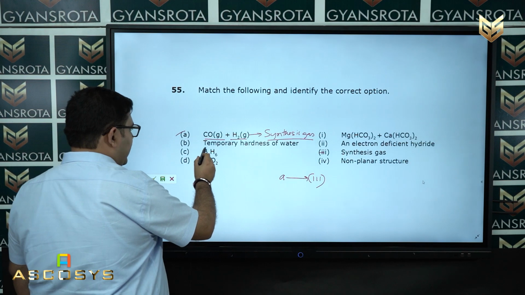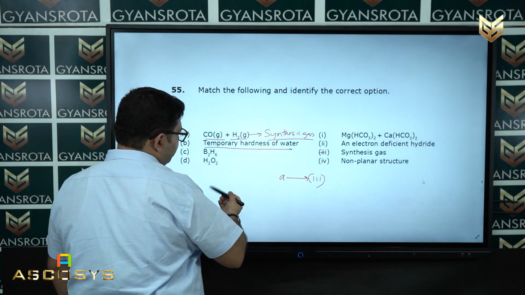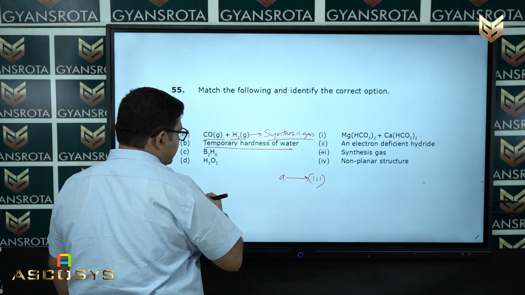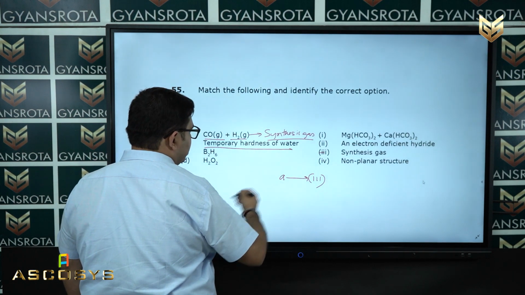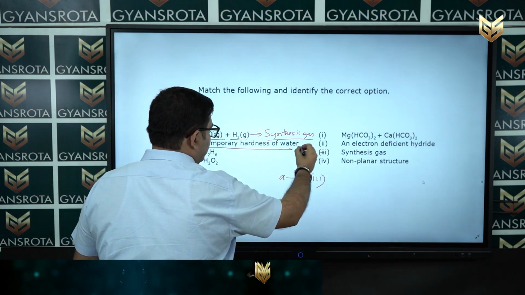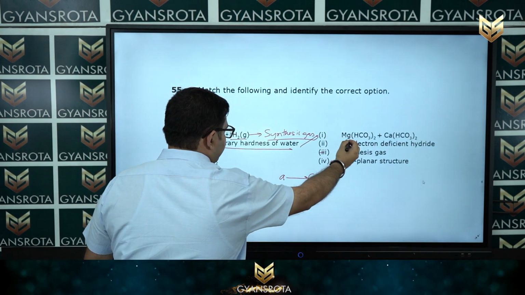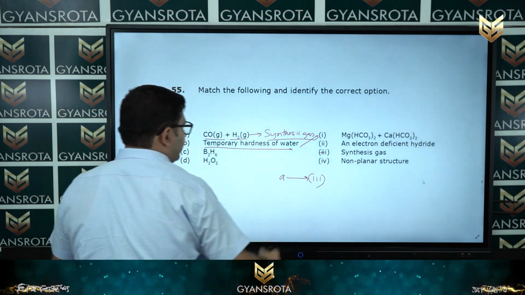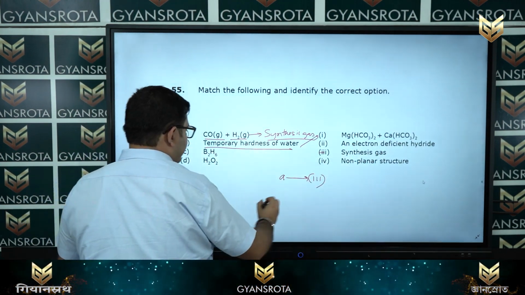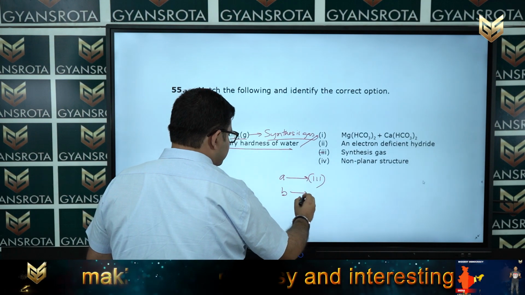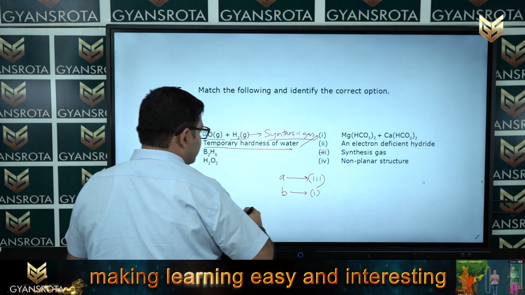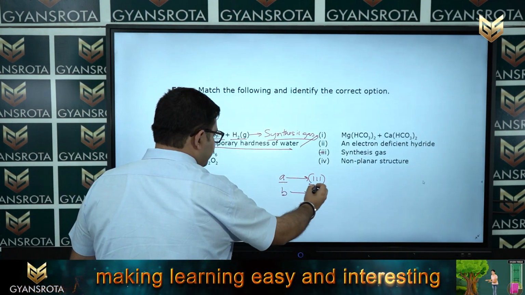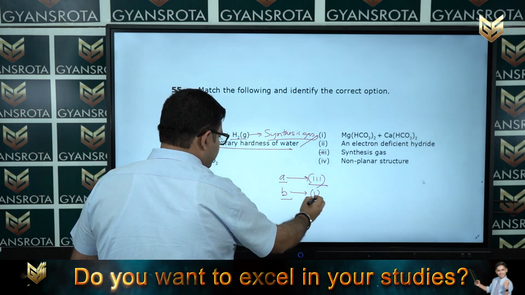Now, the temporary hardness is basically due to the calcium 2 plus and magnesium 2 plus. Now, in this, if you see your option number 1, they are mentioning magnesium hydrogen carbonate and calcium hydrogen carbonate. So, your B is matched with 1.